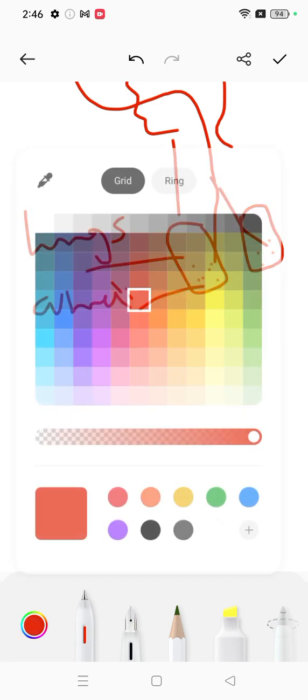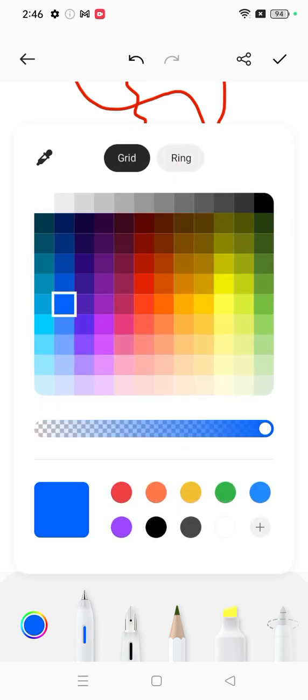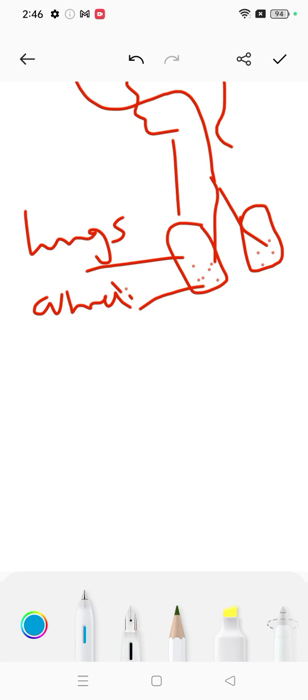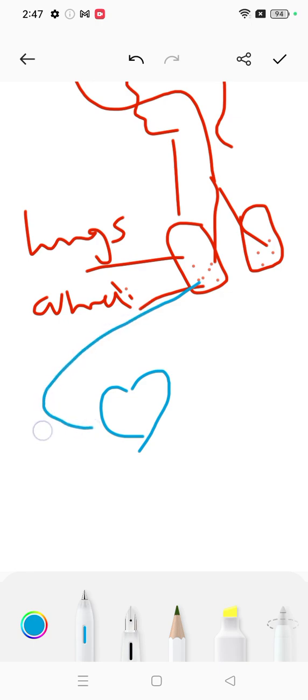Now what happens after the alveoli? Here we have the heart. We have just studied vein and artery. A vein takes blood towards the heart, so from here the transportation medium takes blood to the heart, and then it goes to the body, and again it goes like this. This is the complete cycle.